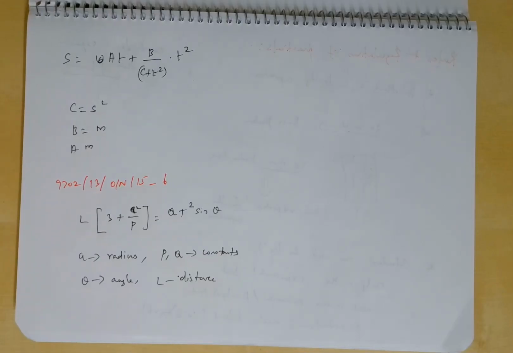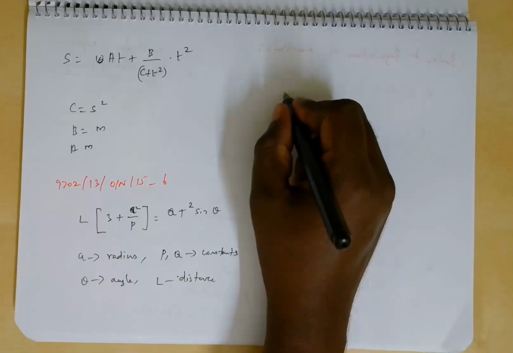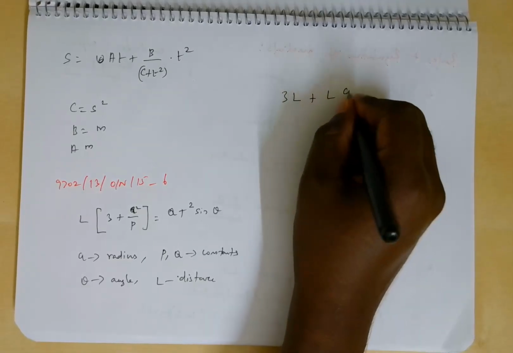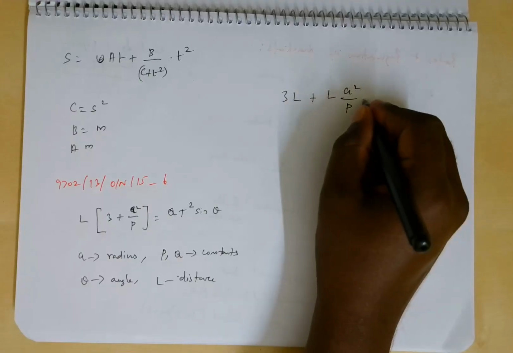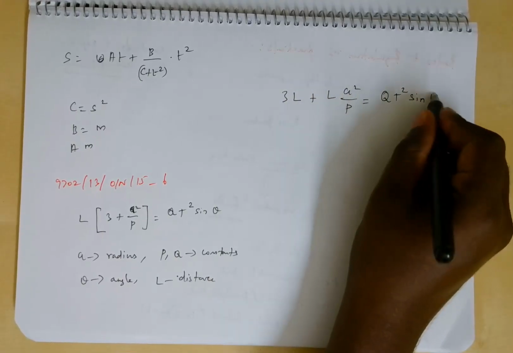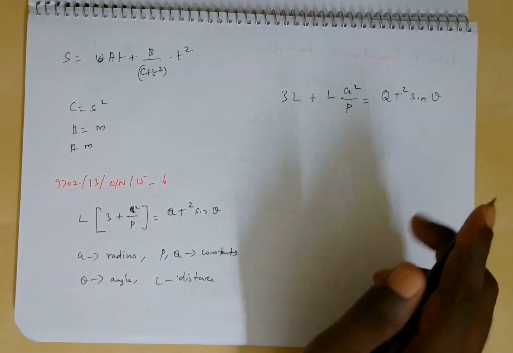Sir, you cannot just ignore it like that, right? Because it's an addition inside. So what you could have done is take it as 3L plus L into a square by P equal to Q T square. This you can do, but you cannot just ignore the 3, right?